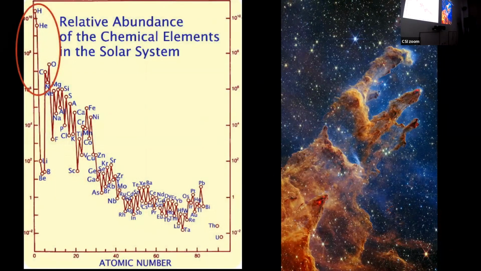it is mostly hydrogen and helium. That makes 99% of all this gas. So this giant cloud of gas is made essentially of hydrogen and helium with a little bit of dust, maybe less than 1% dust.